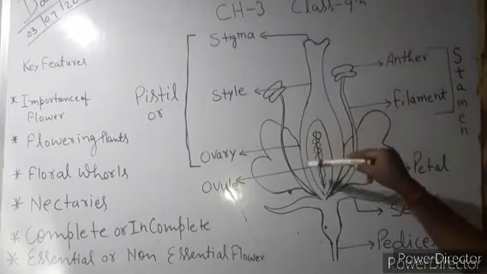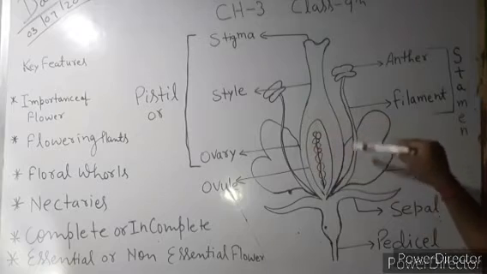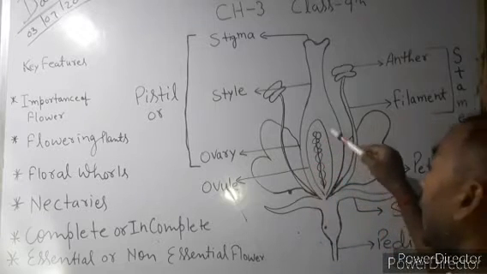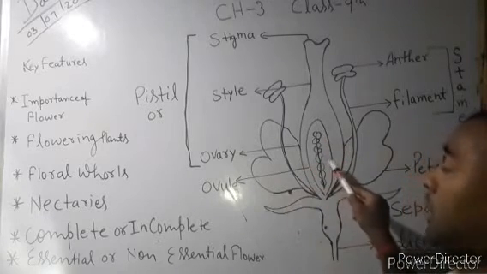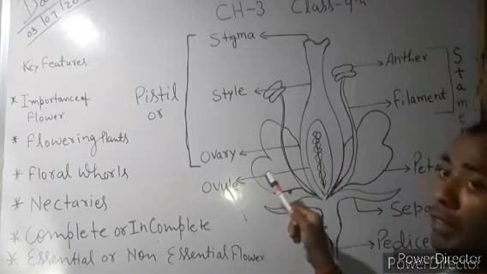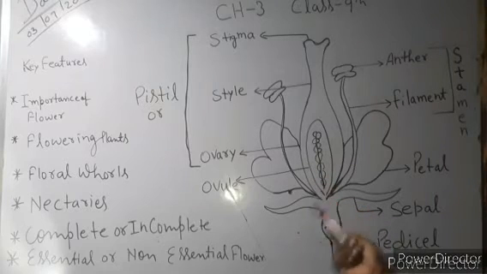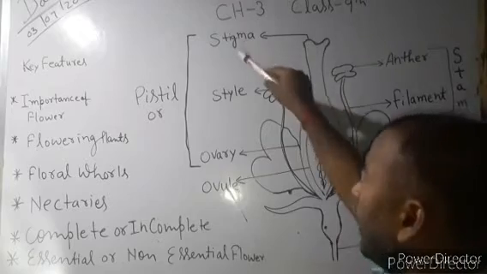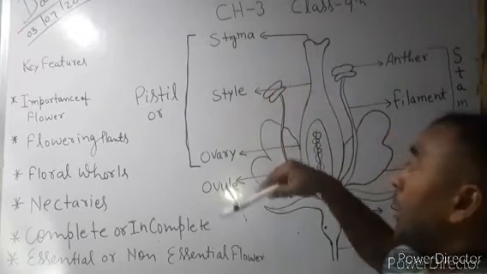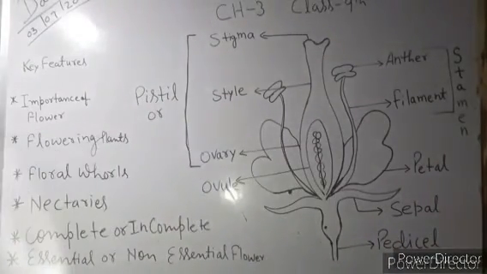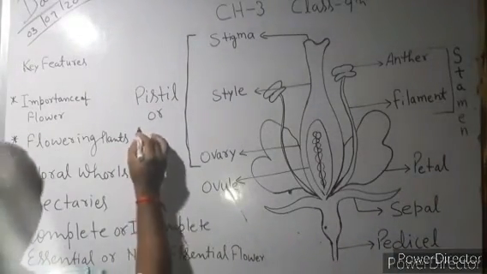When the style comes down there is a swollen part called the ovary, and inside the ovary there are ovules. The ovule is nothing but the female reproductive part of the plant. Is it clear? The stigma, style and ovary together make up the pistil, or gynoecium.